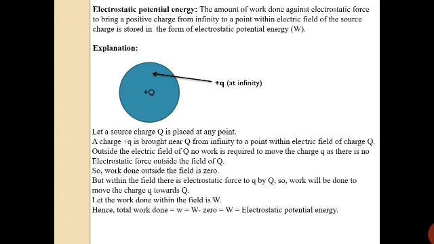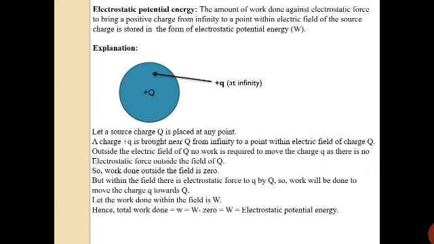So if outside the electric field the work done is 0, and within the electric field the work done is capital W, then overall total work done is how much? That is W minus 0, which is equal to W only. So whatever work is done within the electric field will be stored in the form of electrostatic potential energy.